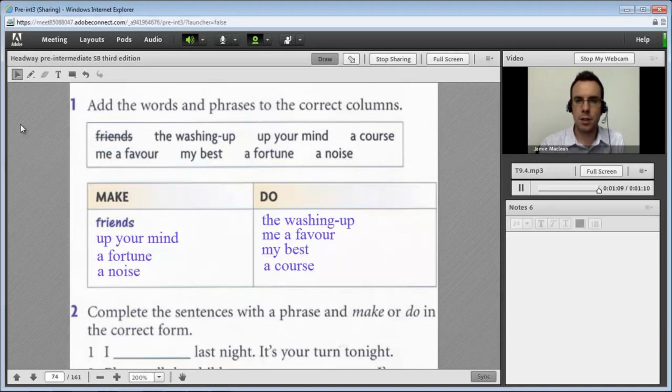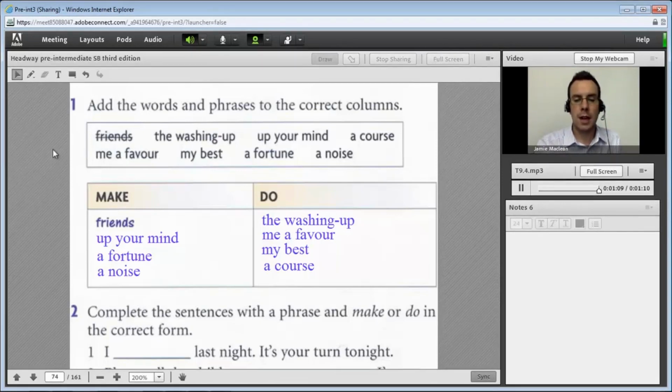For example, I can say to you, if you are going to the shop, can you do me a favor and buy me some chocolate? Help me in a small way. Do my best means try to do the best of my ability. For example, when you do your exams, you should try to do your best. And do a course, of course, is what you are doing. You are doing a course in English.